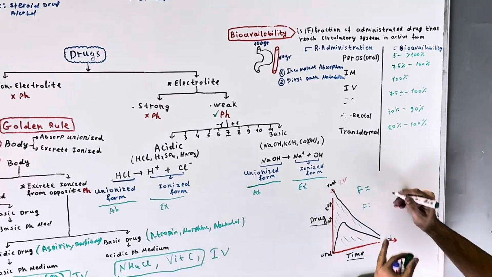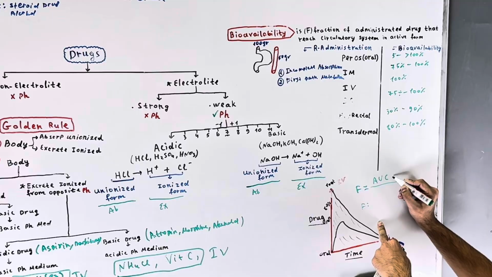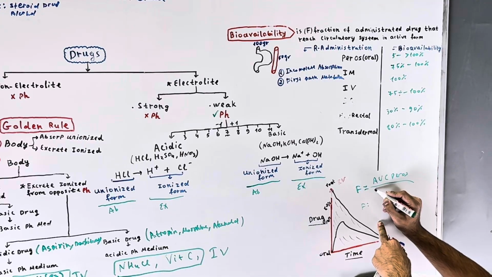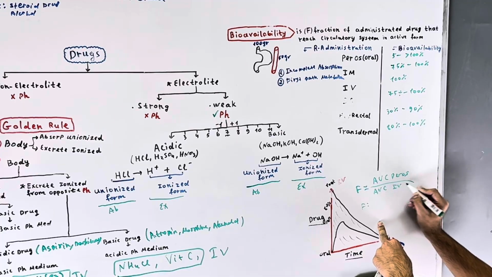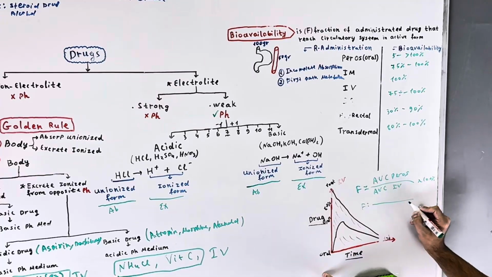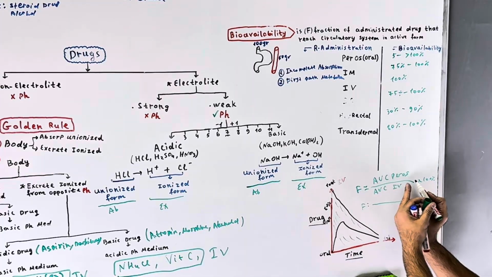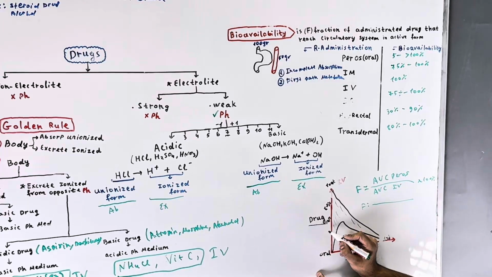So here is the formula for the bioavailability: the area under the curve of per os divided by the area under the curve of intravenous, multiplied by 100. For the per os, for example, it was 50.